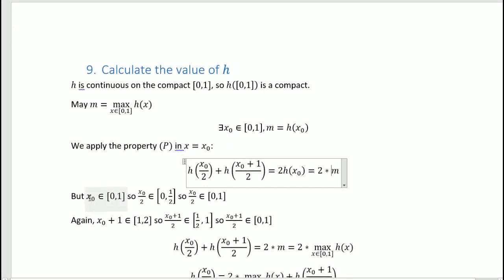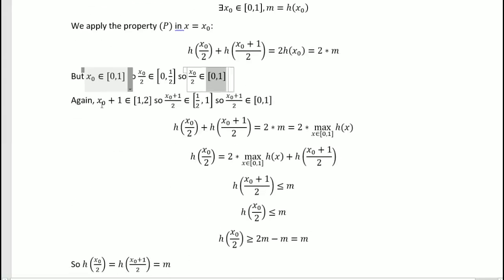But x0 is inside 0, 1, so x0 over 2 is between 0 and 1. And the same reasoning for x0 plus 1, it's between 0 and 1 as well. So we get that this will be equal to 2m, but we know, oops, there is a minus sign here.